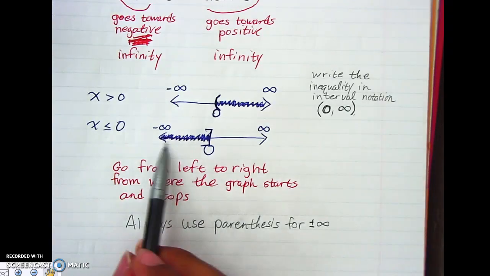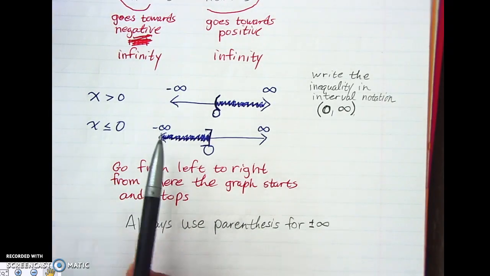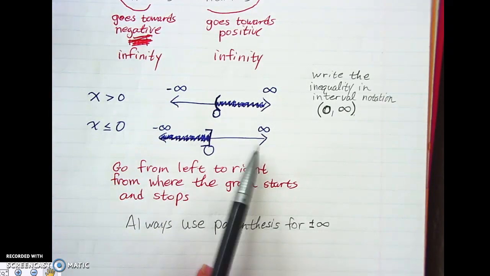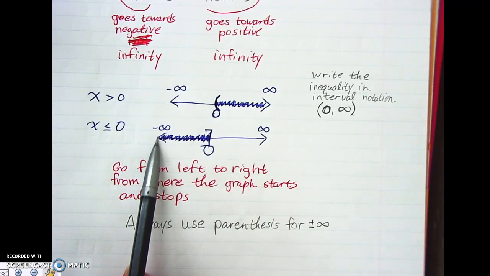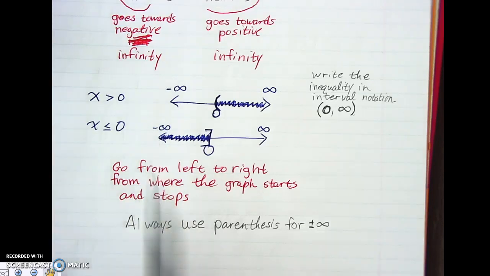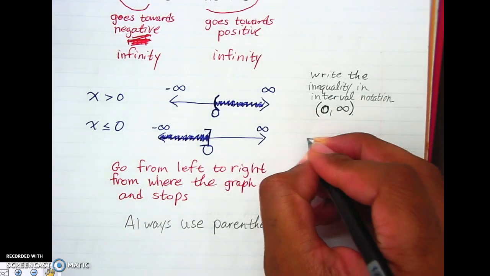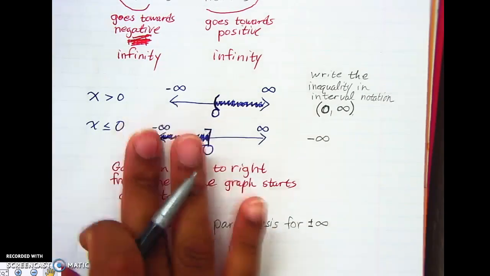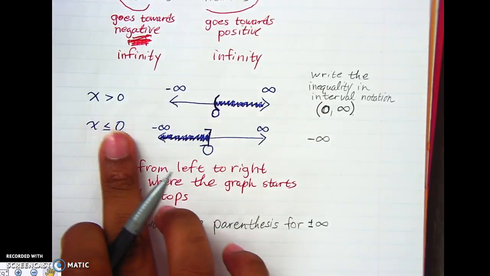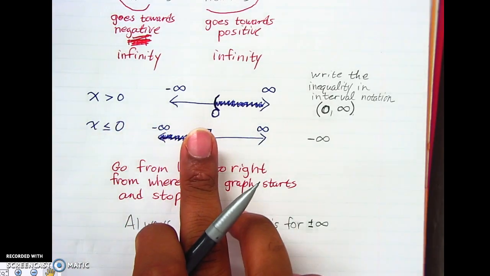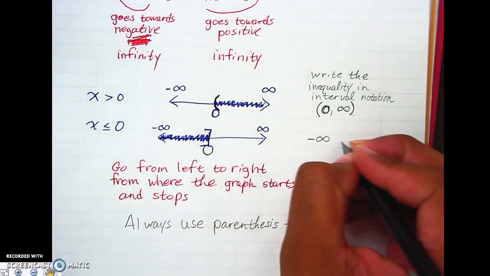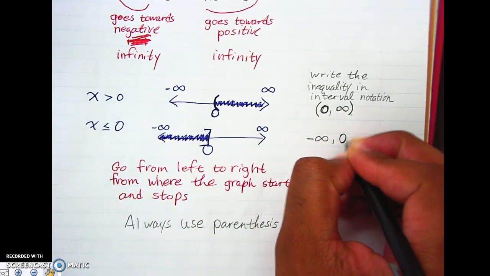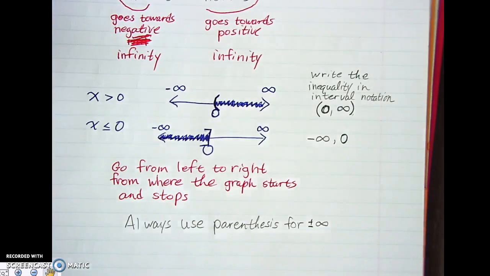Okay, let's go to the next one. Again, we're going from left to right. We start at negative infinity, and there is shaded area there, so we start with negative infinity because that's where the graph starts on the left side. Then we go until we see it stop, and it stops at 0. Perfect.